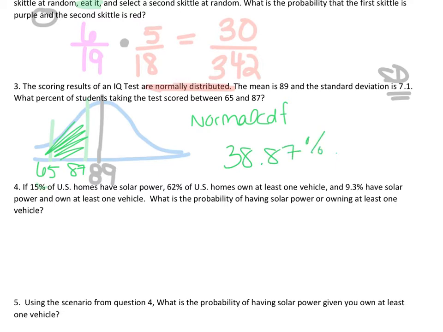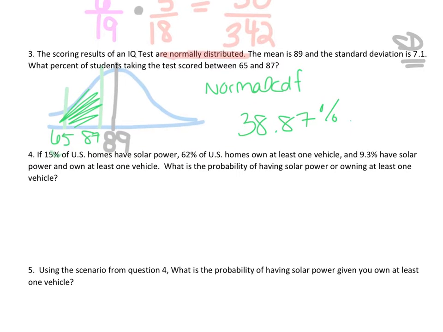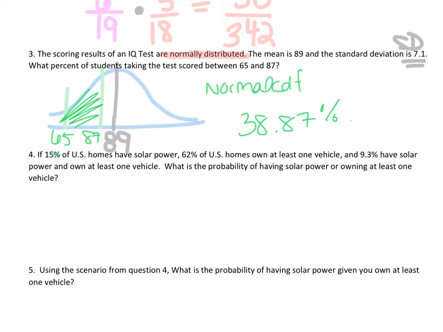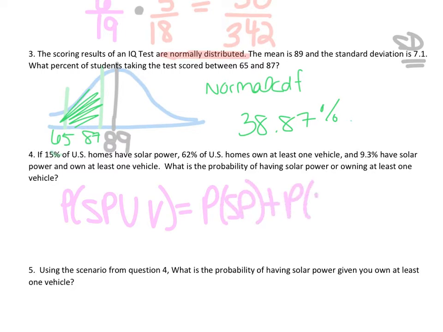All right, the next question says, if 15% of the U.S. homes have solar power and 62% of the U.S. homes have at least one vehicle and 93% have solar power and own at least one vehicle, what's the probability of having solar power or owning at least one vehicle? So that means we're going to have to use the OR formula, which means we add the two probabilities and we subtract the overlap, so the and of both.